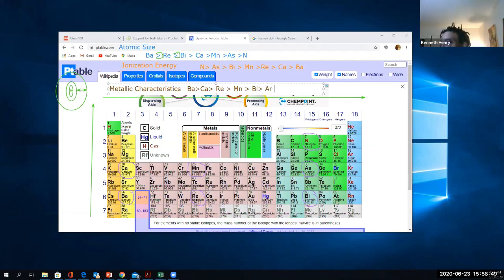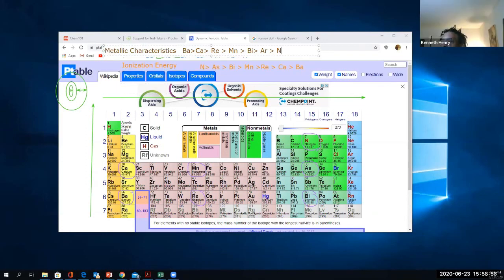And then nitrogen? Okay, now let me give you a hint here. If you actually take a look, you put argon instead of arsenic. Oh, sorry. Thank you.